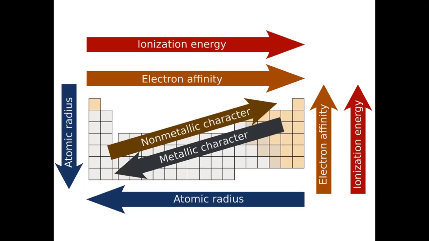So as you go down, the metallic character increases. As you go up, it decreases. Also, as you go towards the left, it increases as well, because the left elements are larger than the right elements. So you would see the most metallic elements all the way down and all the way to the left, and the most non-metallic are the ones toward the top and to the right.